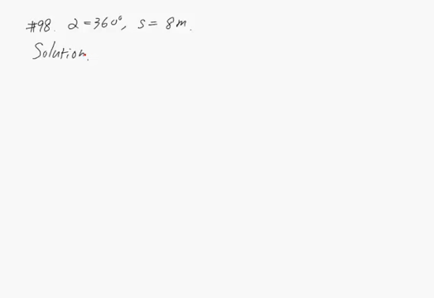First, let's convert this degree measure into the radian measure. So alpha equals 360 degrees. Then we multiply this by pi over 180 degrees. Then we know this is equal to 2 pi. Now we use the arc length formula, S equals alpha times r, and we need to solve this equation for r.